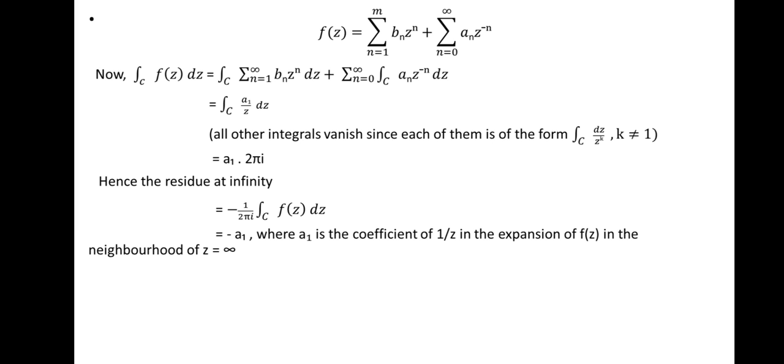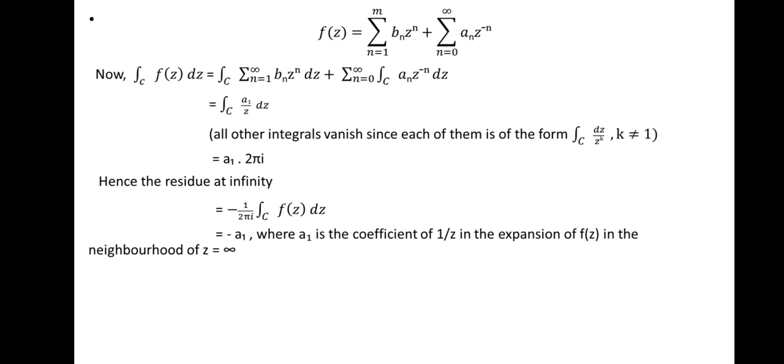All other integrals vanish since each of them is of the form integration over C of dz divided by z^k, where k not equal to 1. That is equal to a_1 into 2πi.